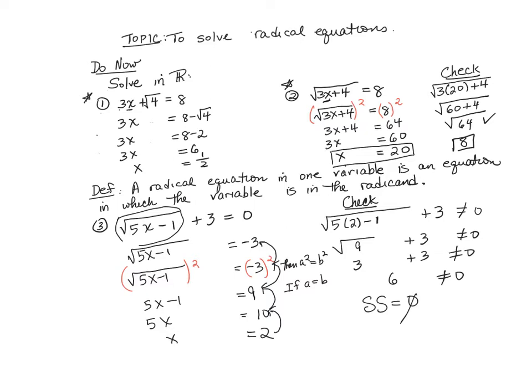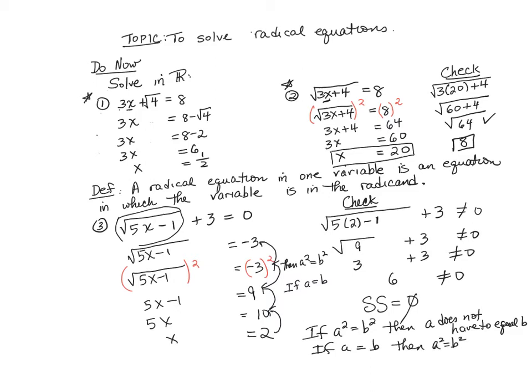If a squared equals b squared, then a does not have to equal b. Whereas if a equals b, then a squared equals b squared.